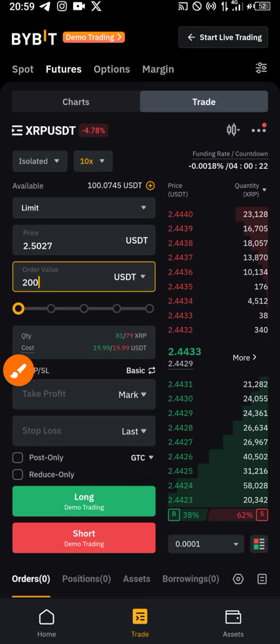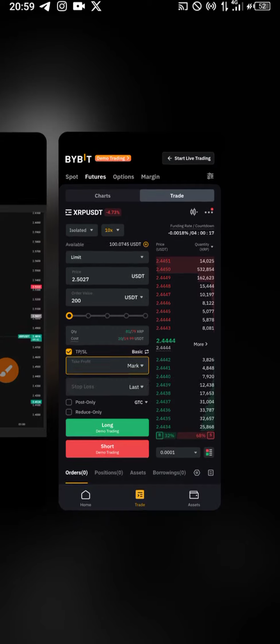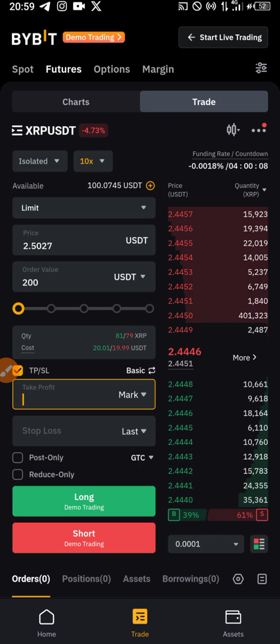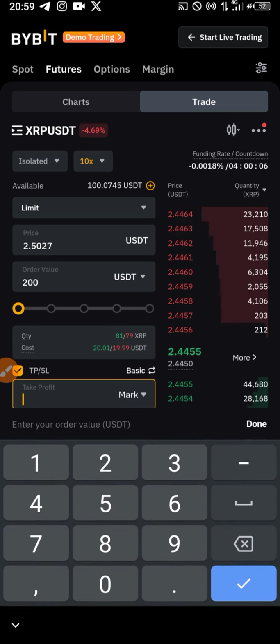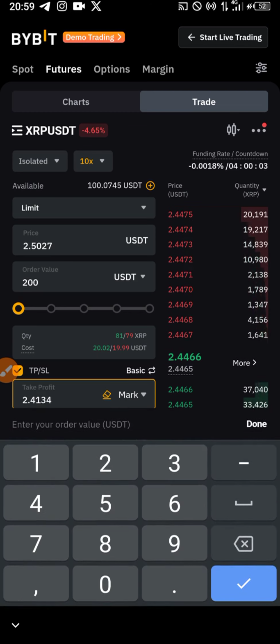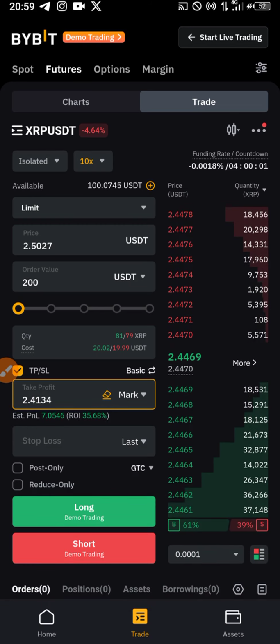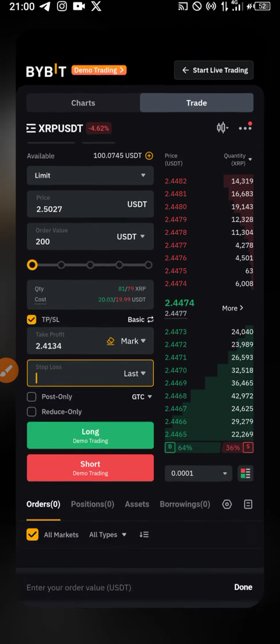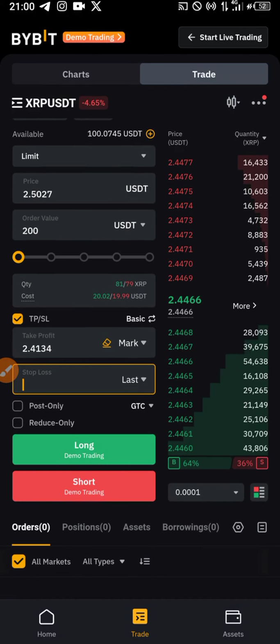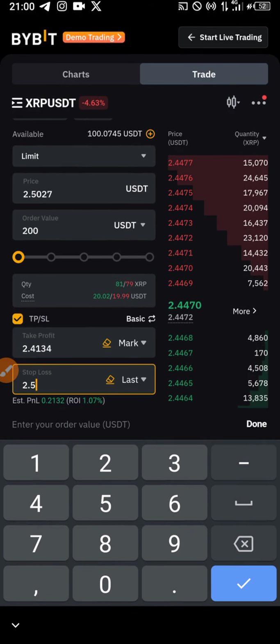So after selecting my TP and SL, what's the TP again? The TP is 2.4134. Then stop loss 2.5332.